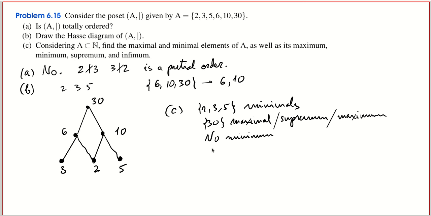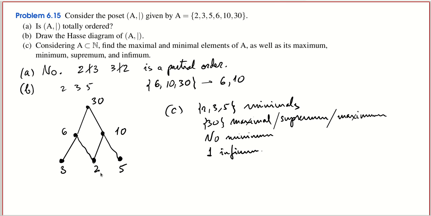But there is an infimum. The infimum is 1. Okay, remember that A is a subset of the natural numbers. So you have to consider all the natural numbers as possible lower bounds. 1 is a lower bound from this relation, is a lower bound to any other set, right?